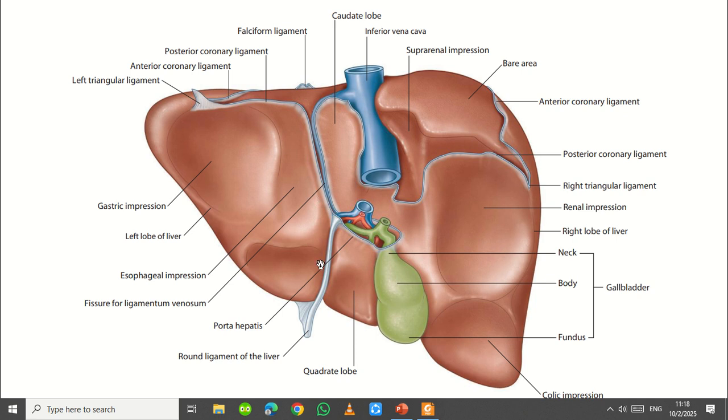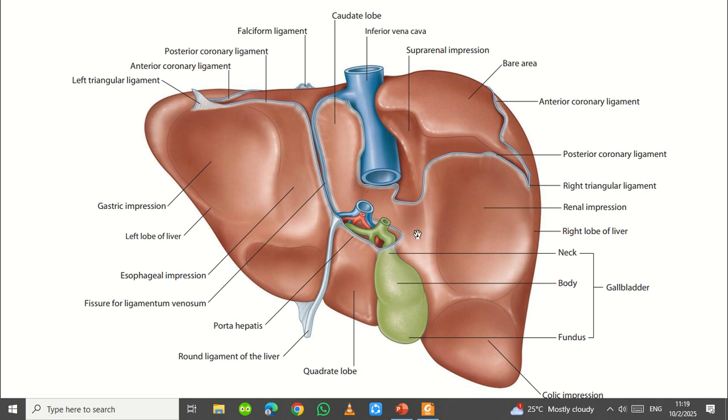Good. The right sagittal fissure is formed by the inferior vena cava and the gallbladder. The space between the inferior vena cava and the gallbladder is called the caudate process. So the caudate process divides the inferior vena cava and the gallbladder.